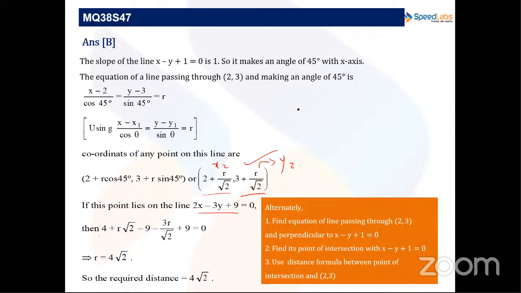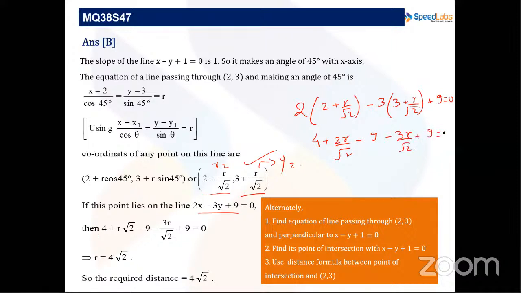So we have 2 into (2 plus r by root 2) minus 3 into (3 plus r by root 2) plus 9 equals 0. That is 4 plus 2r by root 2 minus 9 minus 3r by root 2 plus 9 equals 0. So we get minus r by root 2 equals minus 4. So r will be 4 root 2.